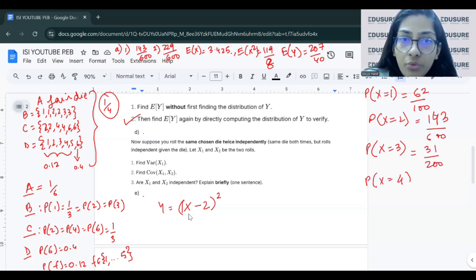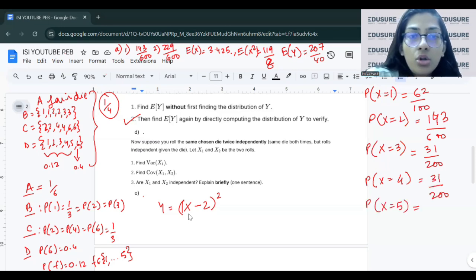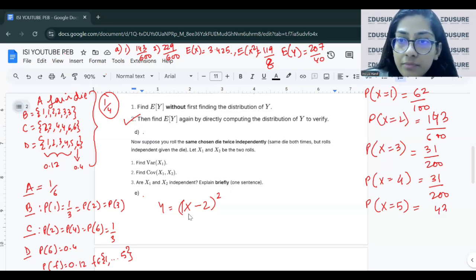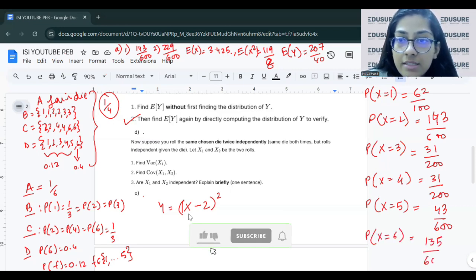Probability of x is equal to 4 will come out to be 31/200. Probability of x is equal to 5 is going to come to be 43/150, no, 43/600, and probability of x is equal to 6 is going to come to be 135/600.